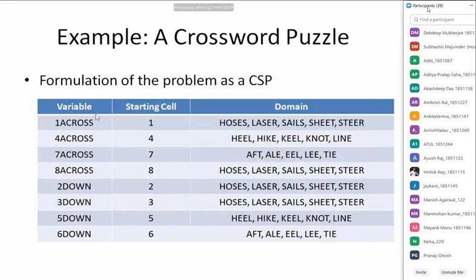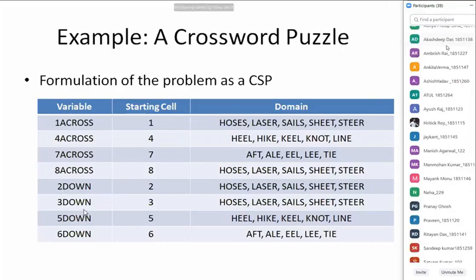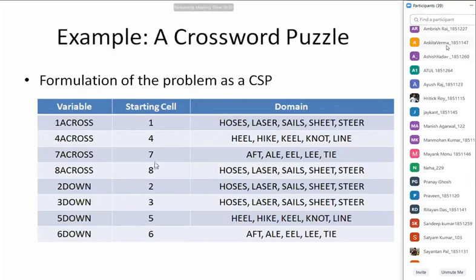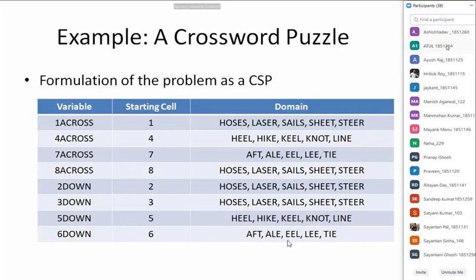The variables are 1 across, 4 across, 7 across, 8 across, and the other 4 variables are 2 down, 3 down, 5 down, and 6 down, and the starting cells are 1 4 7 8 2 3 5 6, which are obvious. Now the point is, we have calculated the domain for each of these variables. Domain means what all values it can take. Now, how did we come up with this domain?